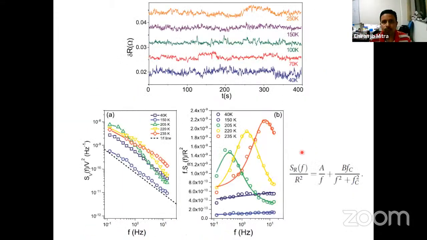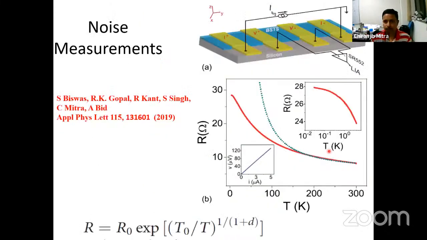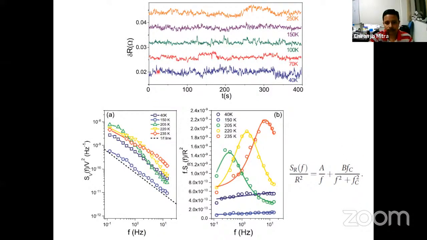Okay, so this is the random telegraphic noise measurement of the same sample. In the first diagram, we have the RTN power spectrum at different temperatures.